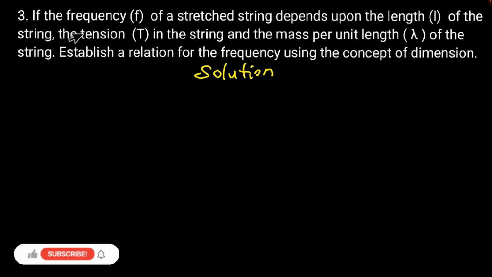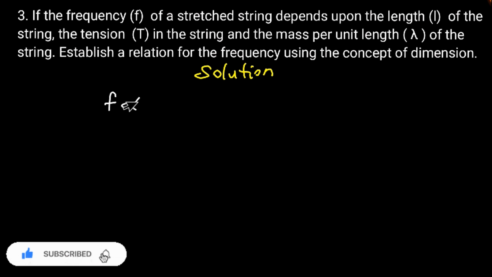We are told that the frequency of a stressed string depends upon the, now we are going to interpret this as frequency is directly proportional to, because it depends on. The first parameter we're given is the length L, then the second parameter is the tension T, and then the third parameter we're given is the mass per unit length, which is this lambda.